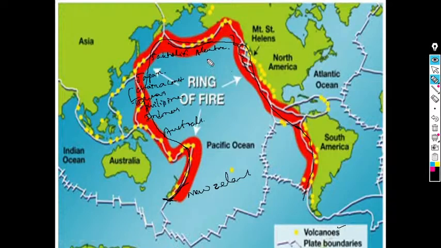Next we can say St. Helens, particularly these are the islands of North America. Western coast of North America completely: Canada coast, then US or Alaska, and the entire western coast of USA.